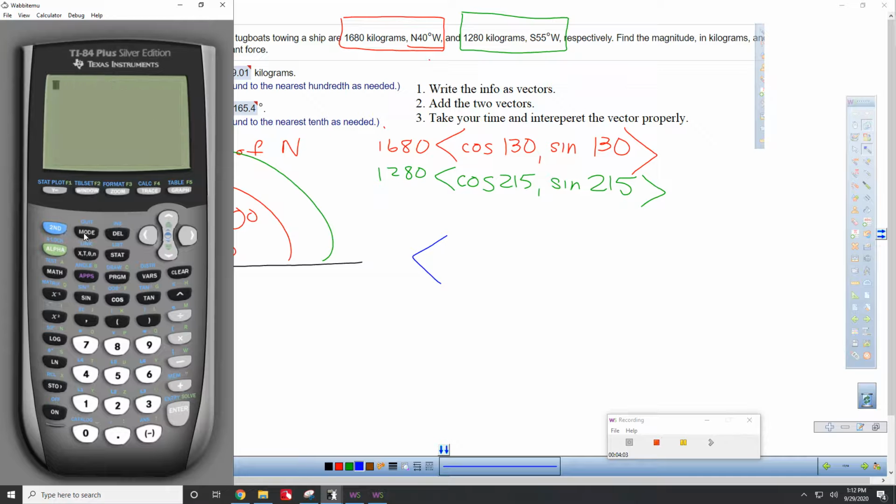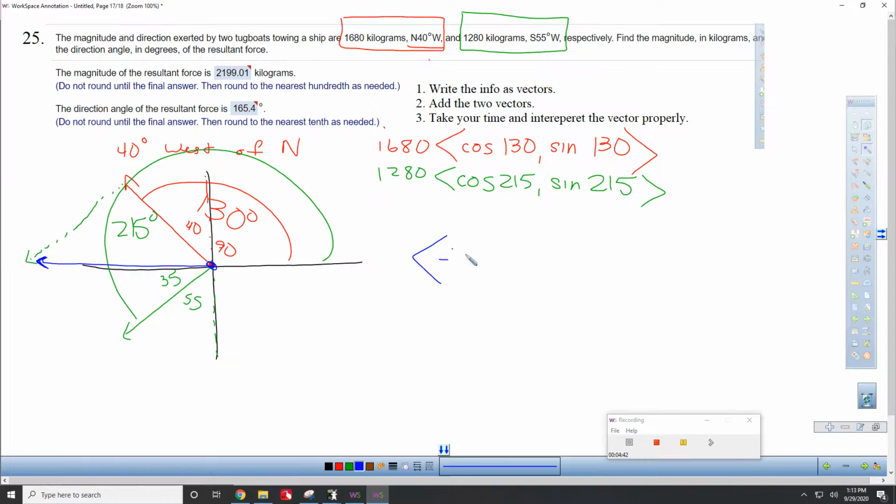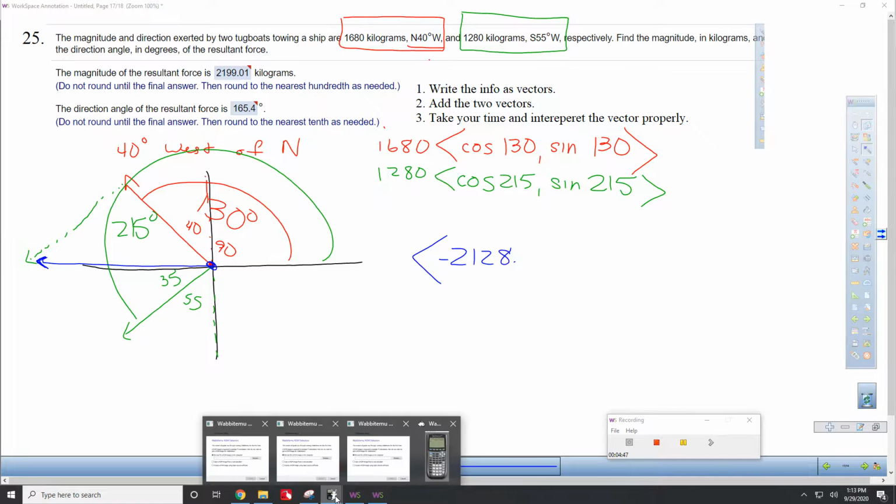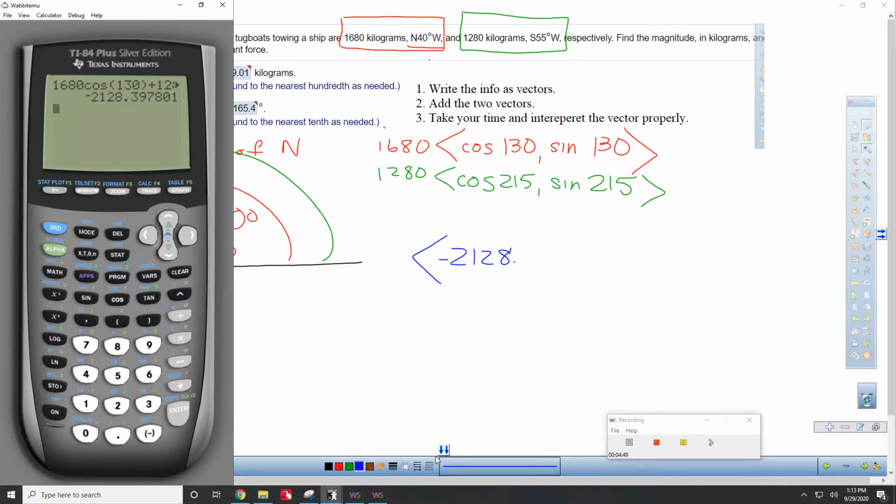It should be a class in itself. 1680 times the cosine of 130 plus 1280 times the cosine of 215. That gives you this first entry: negative 2128.3978.